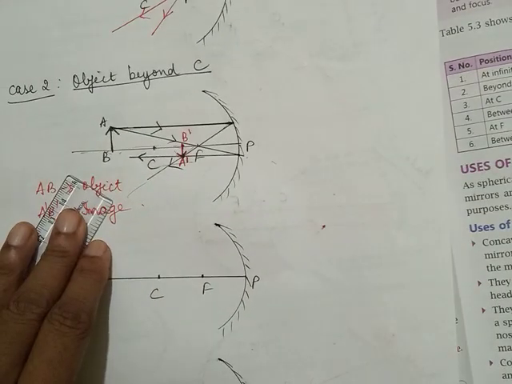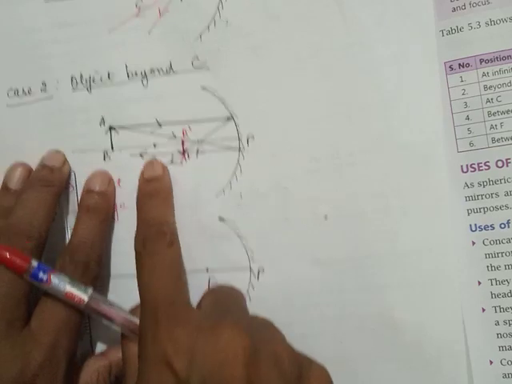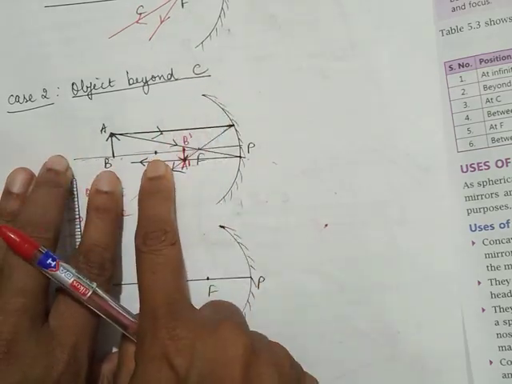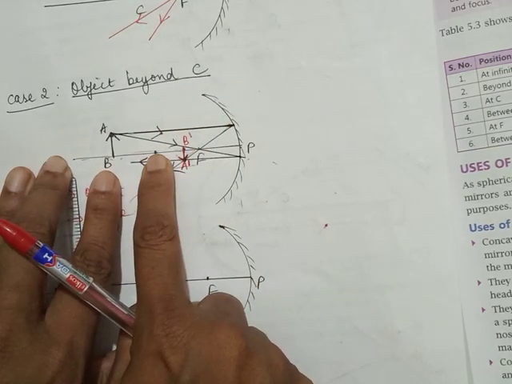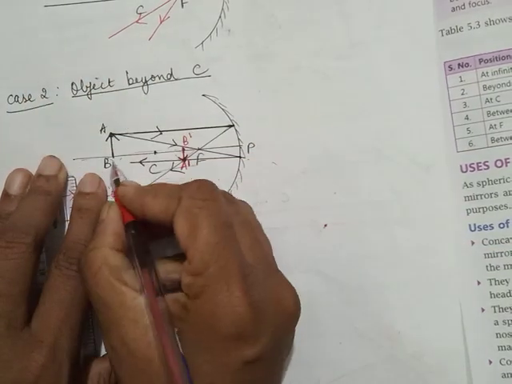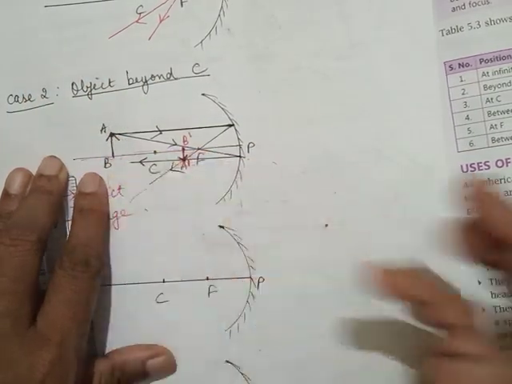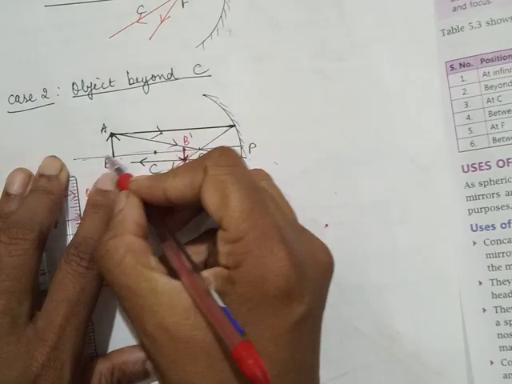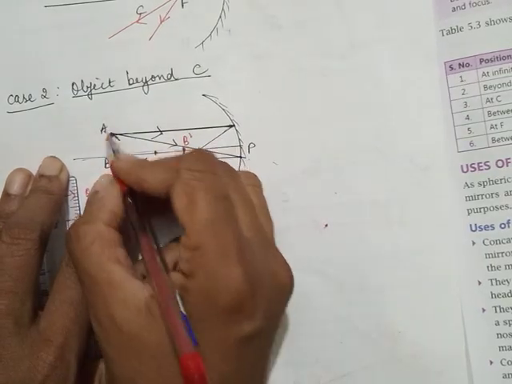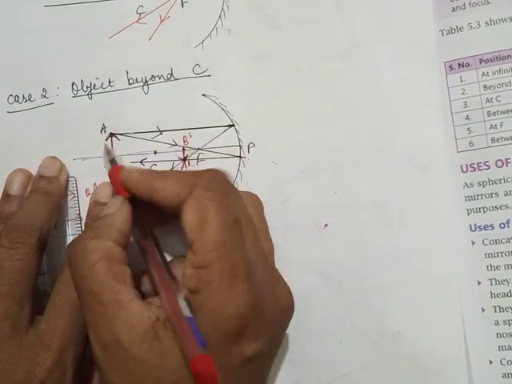I'll repeat it, children. Please follow it again. The object is beyond C. So somewhere beyond C you take an object, a line with an arrowhead at the top.